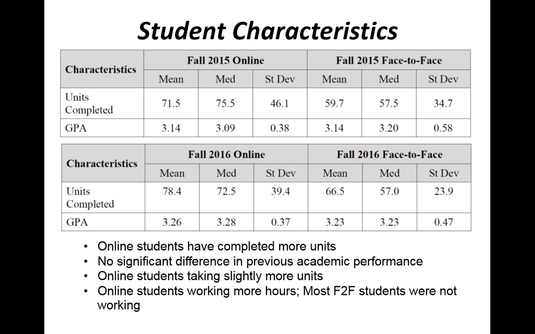In terms of student characteristics, we looked at online students versus face-to-face, both for fall 2015 and fall 2016. And the patterns we saw are the following. First, online students tend to have completed more units, but there's no significant difference in their previous academic performance based on, say, mean or median GPA.